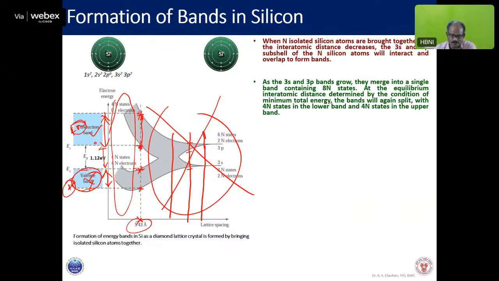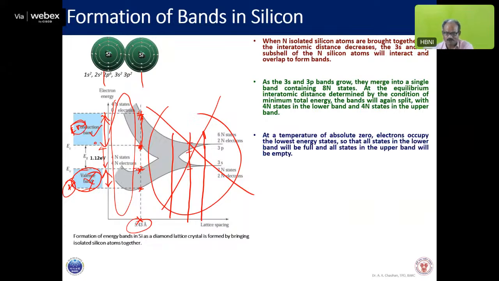So this is the basics of the formation of bands. When the atoms come close to each other, they are now at this distance. This I consider as 5.43 angstrom, which is the interatomic distance between two silicon atoms.